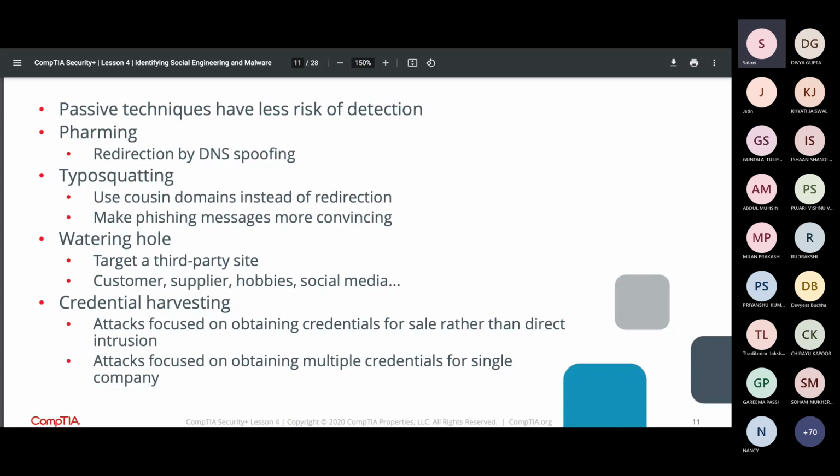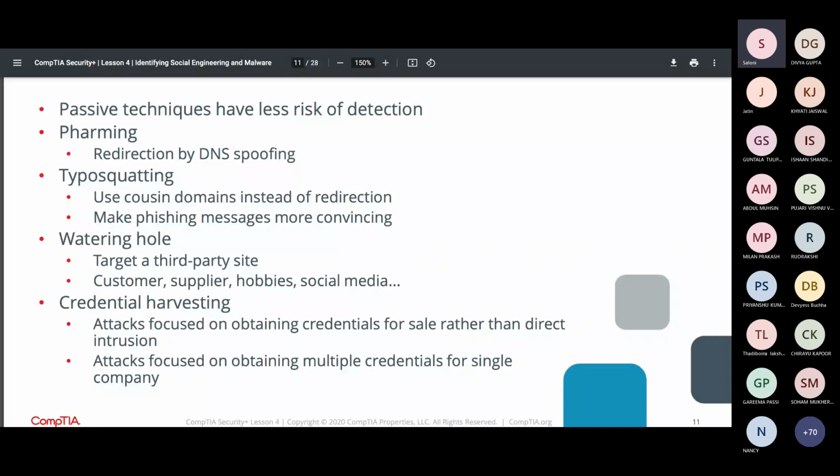Another technique is to register a hijacked subdomain using the primary domain of a trusted cloud provider. Say they take some copied domain of CompTIA. So this is typosquatting. It uses cousin domains instead of redirection. There is no need for redirection. If I make a typing mistake and they have bought such a domain, I will land on it. It makes phishing messages more convincing. If I receive messages from it, I will think they are coming from CompTIA itself.